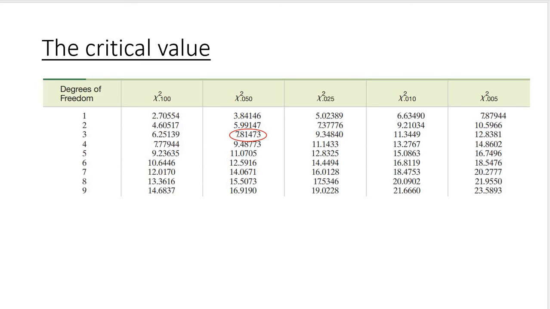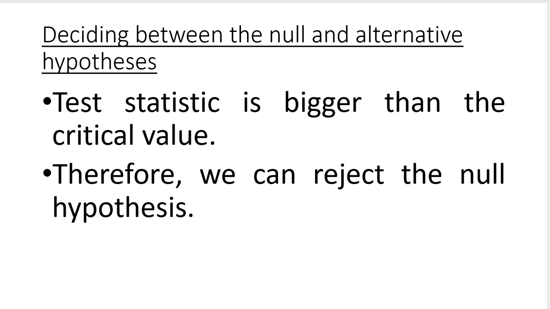Since we are comparing three samples, there are 2 degrees of freedom, so 7.81 is our critical value. To make a conclusion, the test statistic is bigger than the critical value, and we can reject the null hypothesis in favor of the alternative hypothesis.